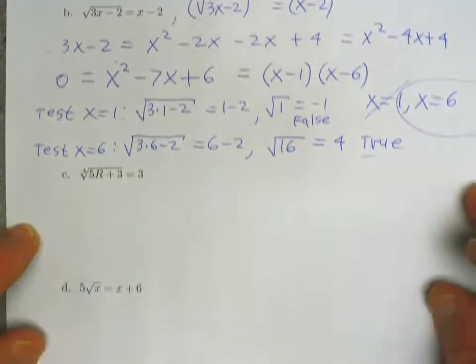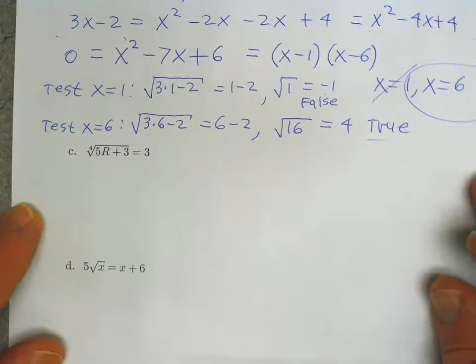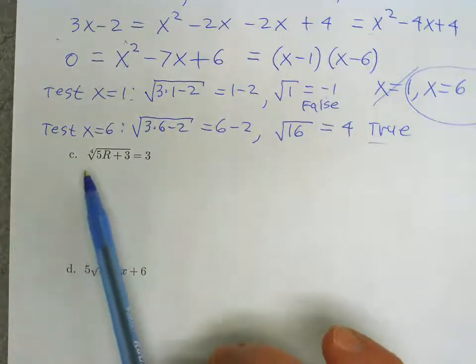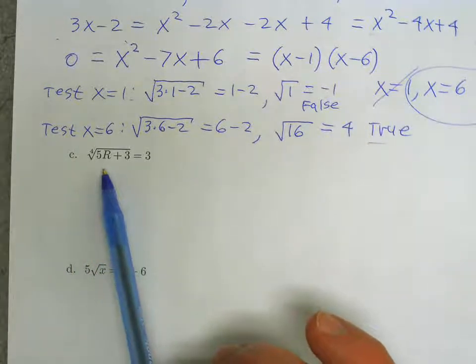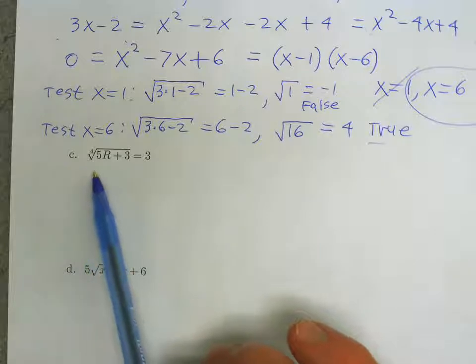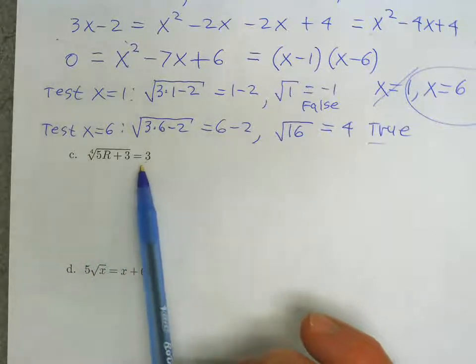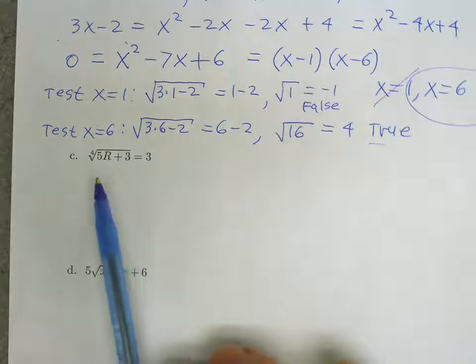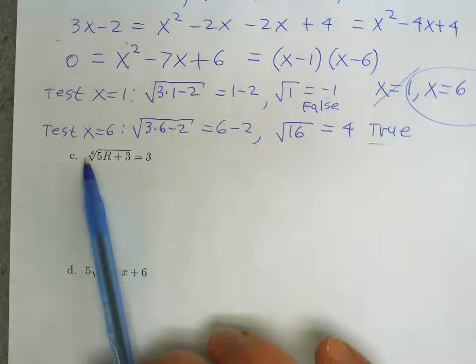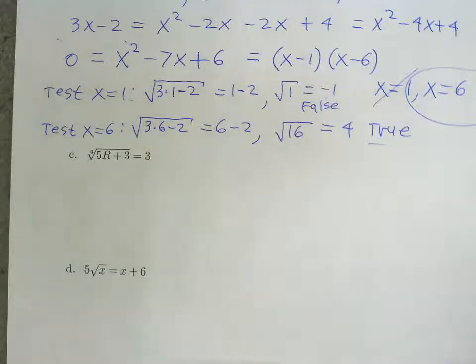Okay, in the next example, solve this equation for capital R. The fourth root of 5r plus 3 equals 3. Since the variable r is inside a fourth root, we're going to raise both sides to the fourth power.